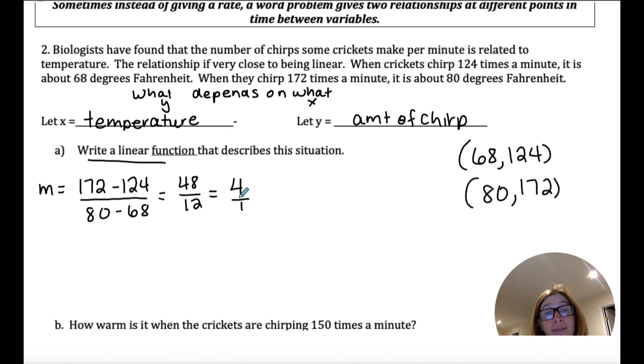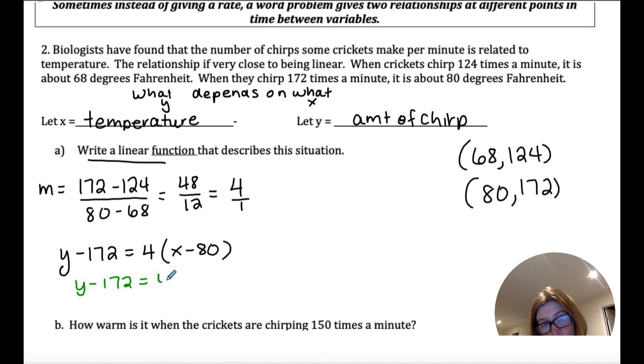All right, so I have now a point and a slope. I'm going to pick either of the points. I'm going to actually pick the 80, and I'm going to plug it into point slope. So y minus 172 equals 4 times x minus 80. Moving into y equals mx plus b is going to give me y minus 172 equals 4x minus 320.